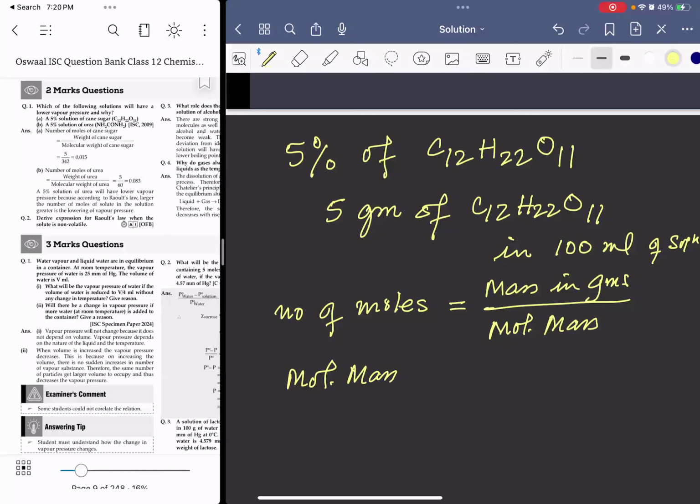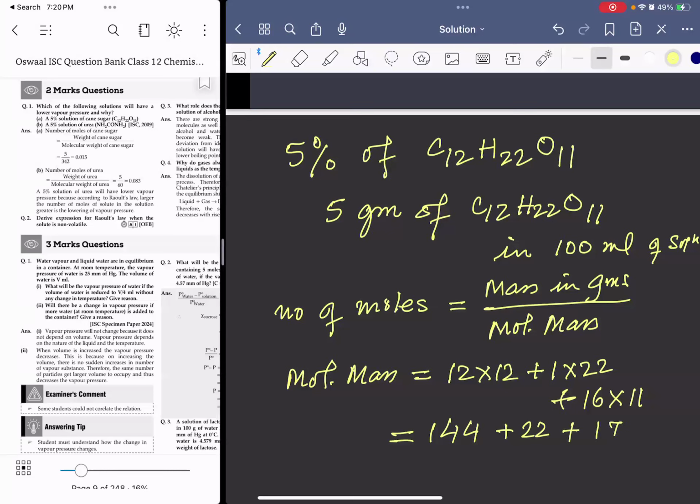Understood? So molecular mass will be how much? Carbon's mass is 12, and how many are there? 12 only. Hydrogen's mass is 1, and there are 22. Oxygen's mass is 16, and there are 11. So this one is 144, this one is 22, and this one is 176.